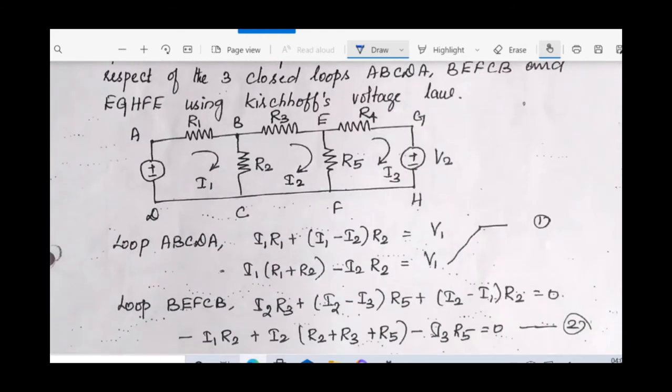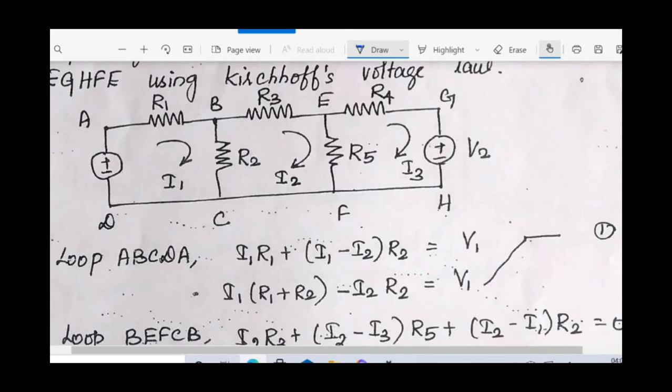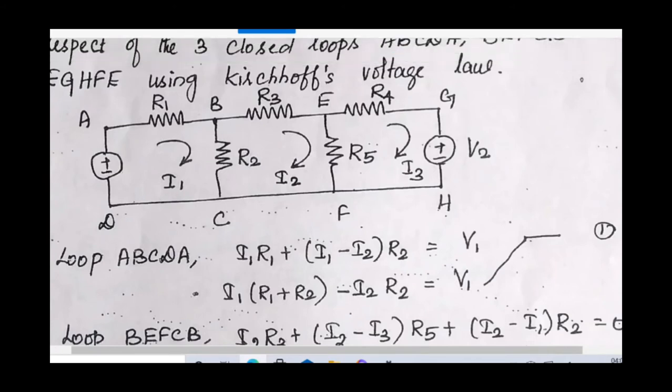See here, one loop. You can number each nodal point as A, B, C, D, E, F, G, H according to your convenience.